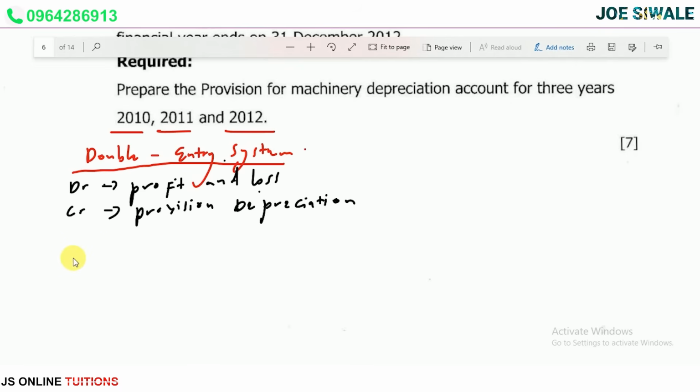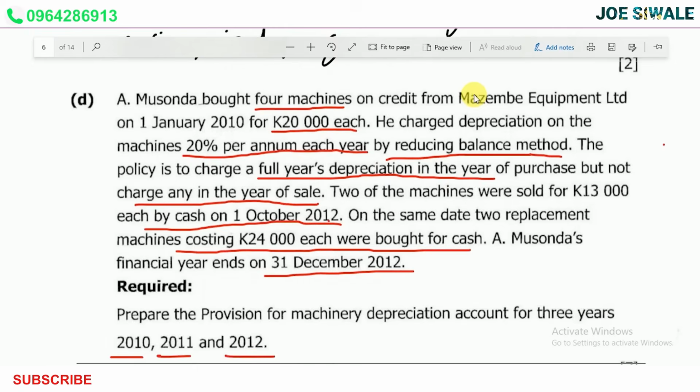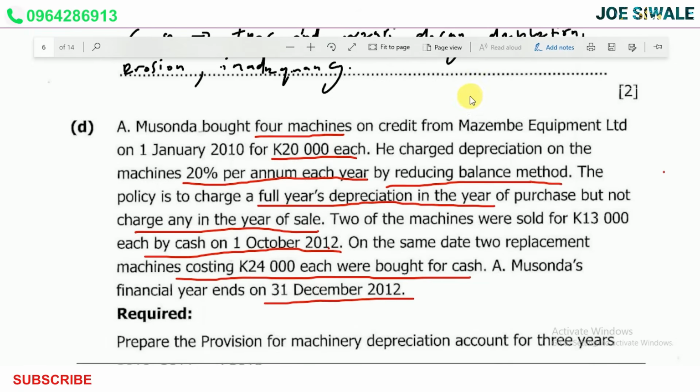And to answer our question, we're going to first start by calculating depreciation for the year 2010. So let us look at what the question says. A. Musonda bought 4 machines on credit from Mazembe Equipment Limited on 1st January 2010 for 20,000 each.